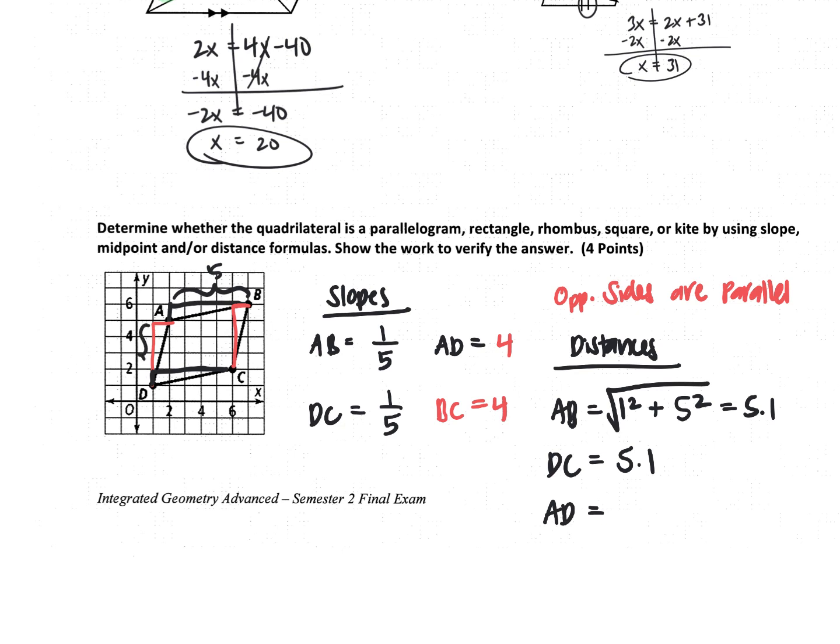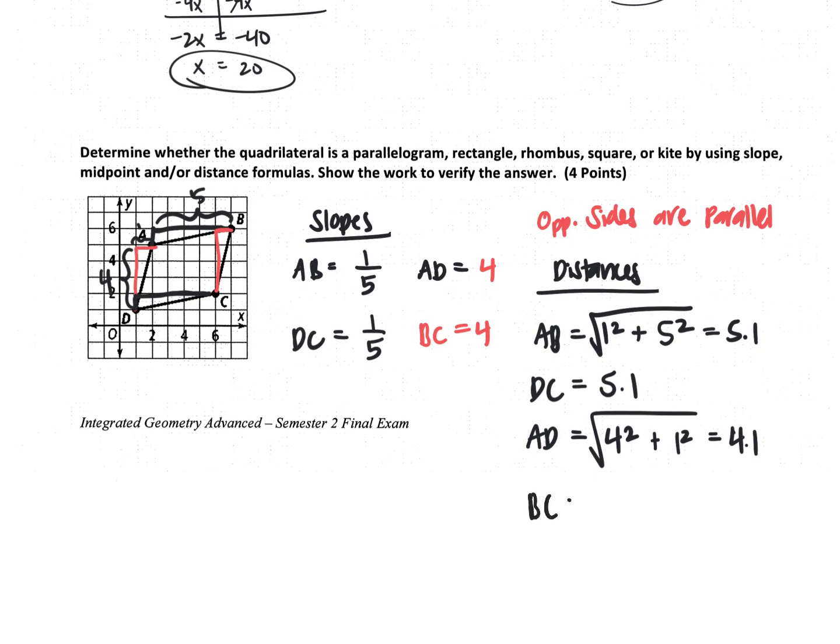And then the distance of AD is going to be a little bit different. I have a distance up of 4, so I've got 4 squared plus a distance horizontally of 1 squared. Take the square root of that, and I get approximately 4.1. So I know BC is also going to be 4.1.